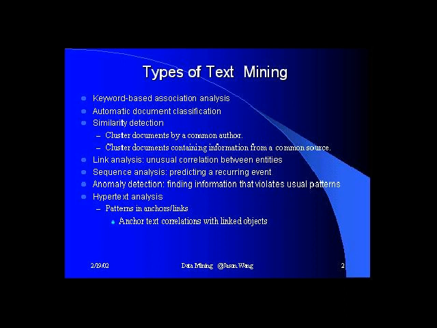Just in a few transparencies, I'm going to talk about this keyword-based association analysis. That's almost exactly the same as transaction association rule analysis. Very similar, just like your homework 1. Okay, but the term is different now. We use text mining rather than transactional data mining. But the ideas are basically the same.